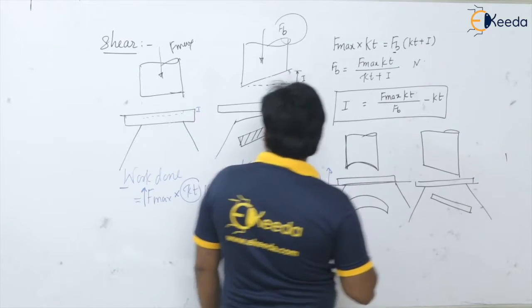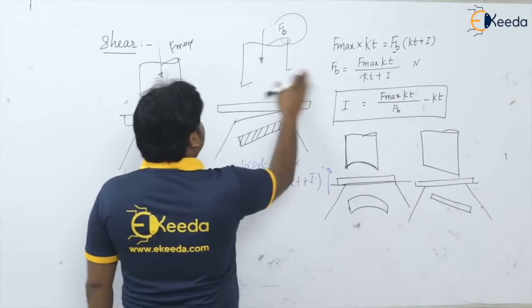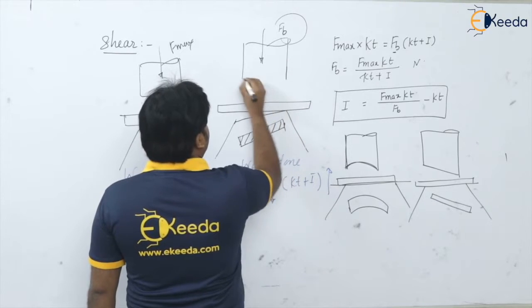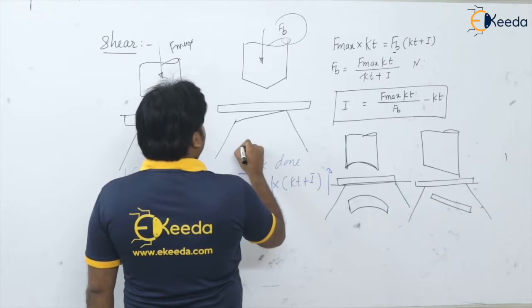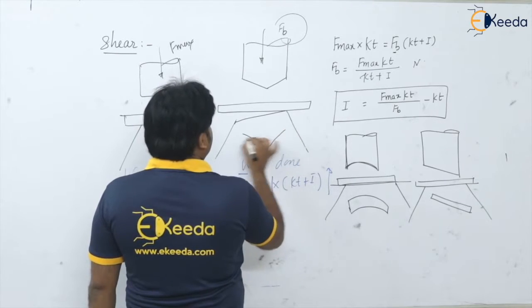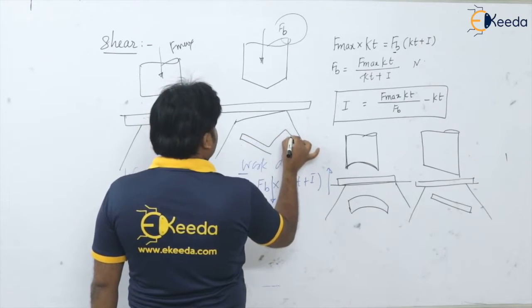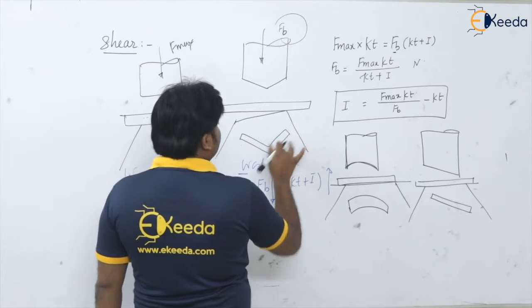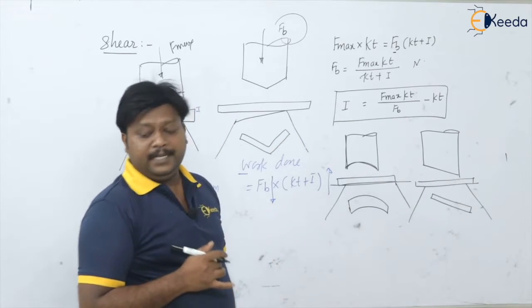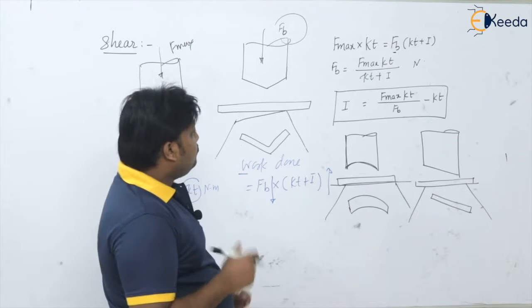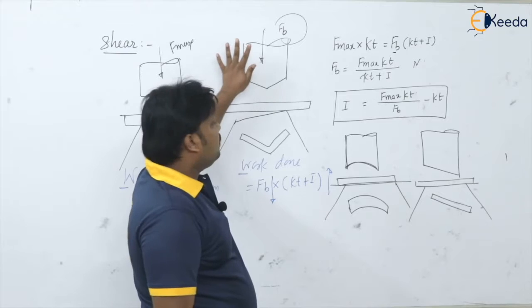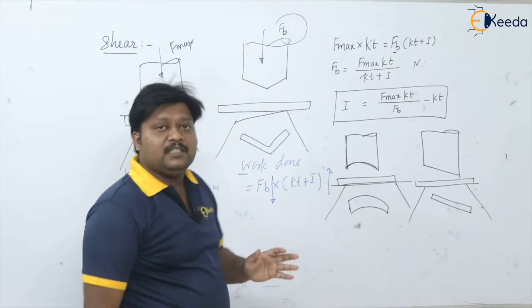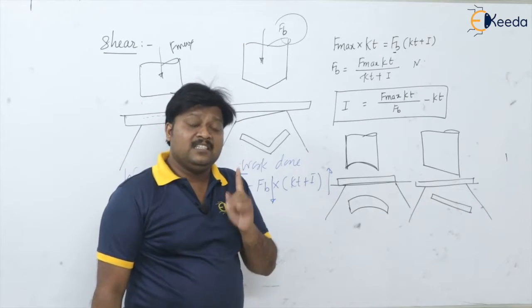And if you are having the unbalanced shear like this from both the sides, your slug is going to change like this. So the provision of shear onto the punch is going to change the slug.